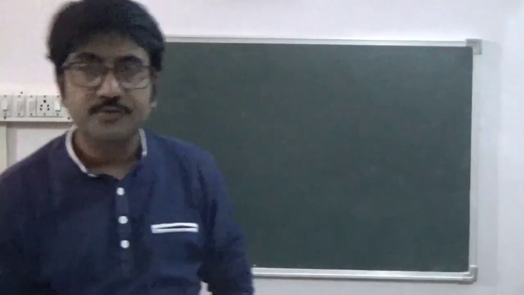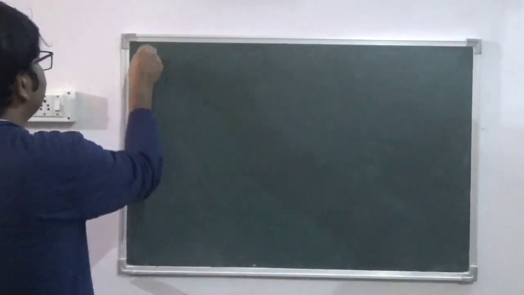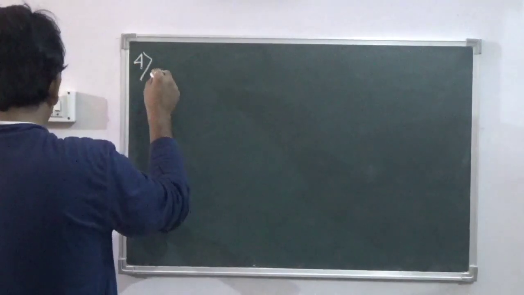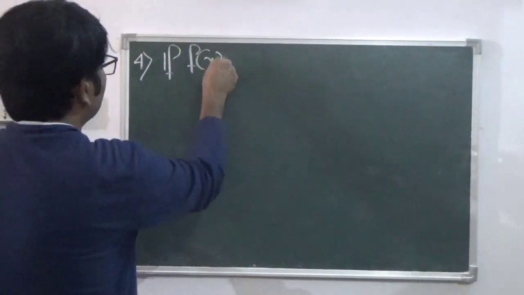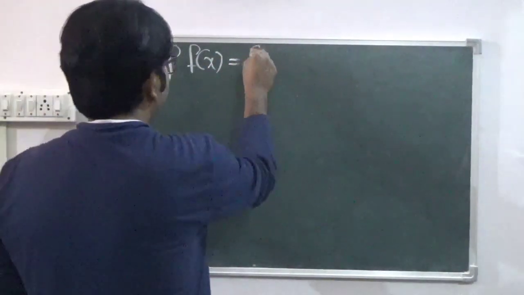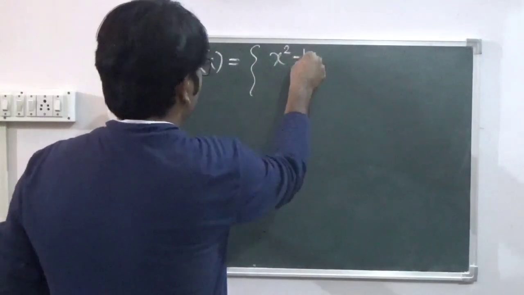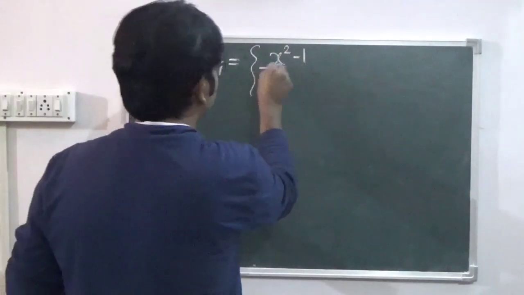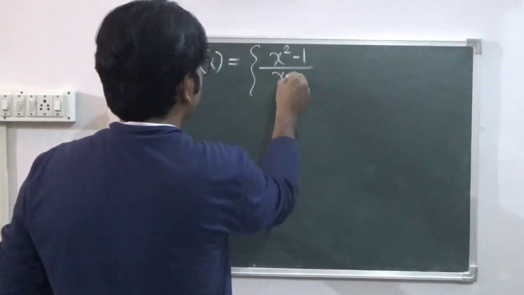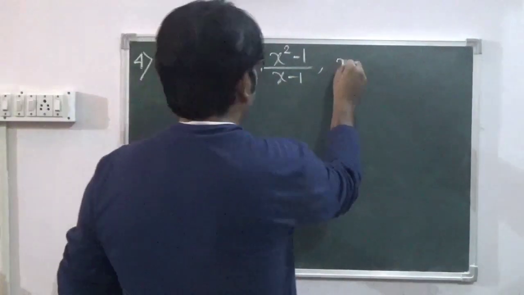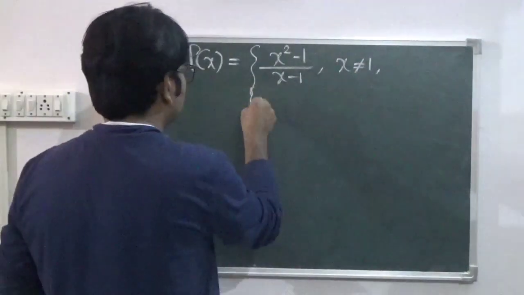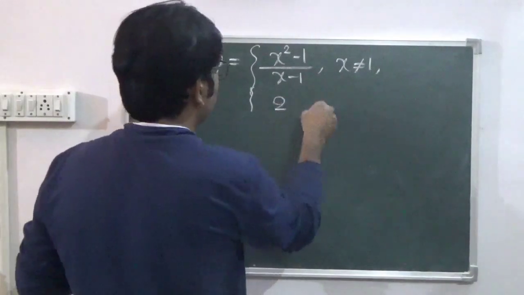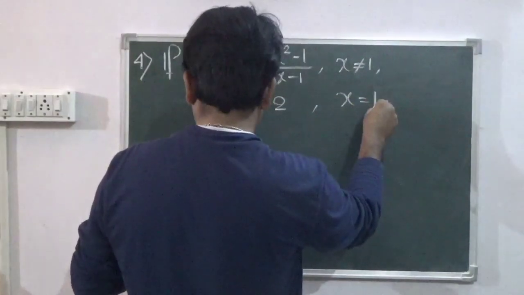Now let us move to question number 4. Question number 4 is: if f(x) equals (x square minus 1) by (x minus 1) when x is not equal to 1, and is 2 when x equals 1.